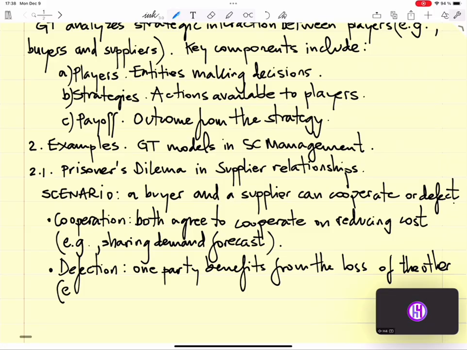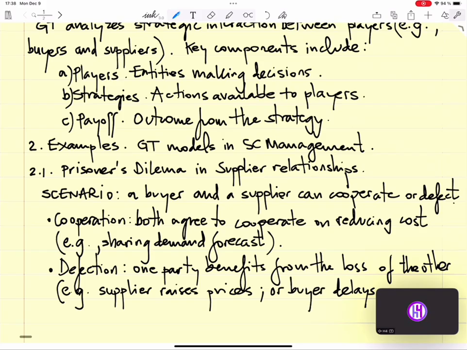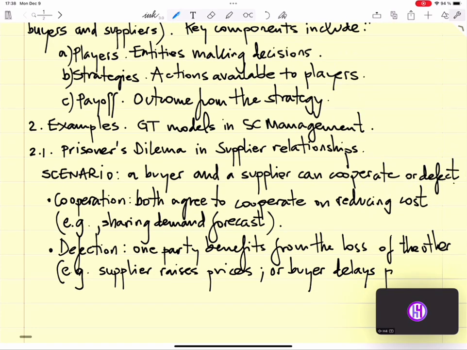For instance, the supplier raises prices and/or the buyer delays payment.